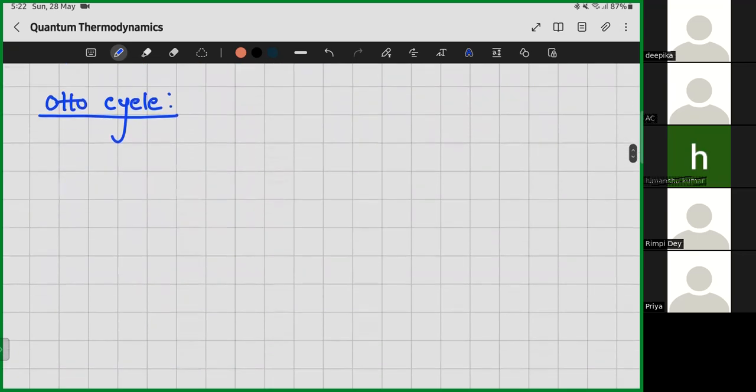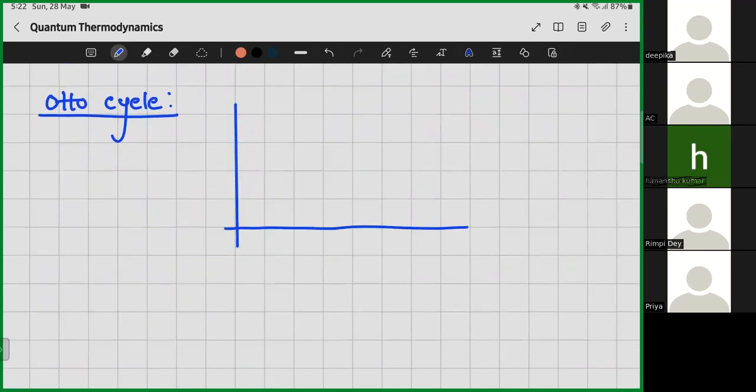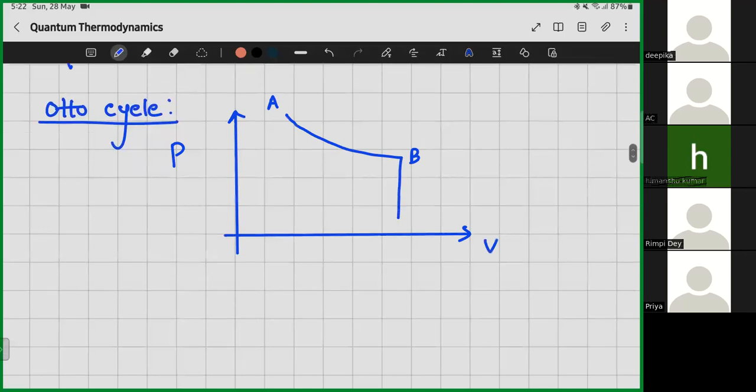For the Otto cycle, the cycle is like this. This is also for P and V. We start with an adiabatic process, A to B. Then it is isochoric. Again, adiabatic compression, and again isochoric.